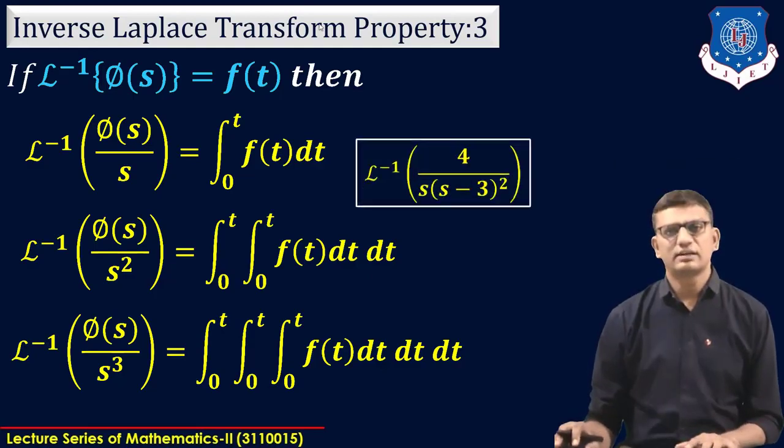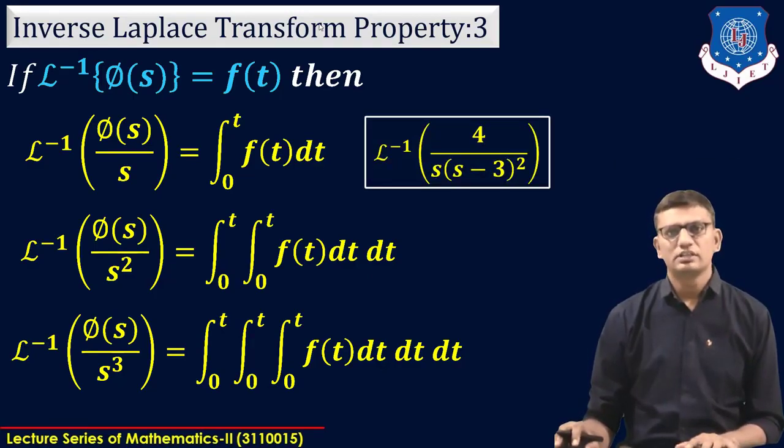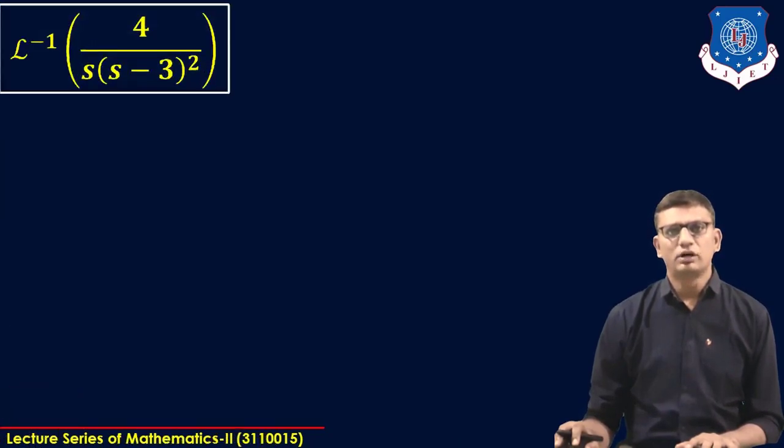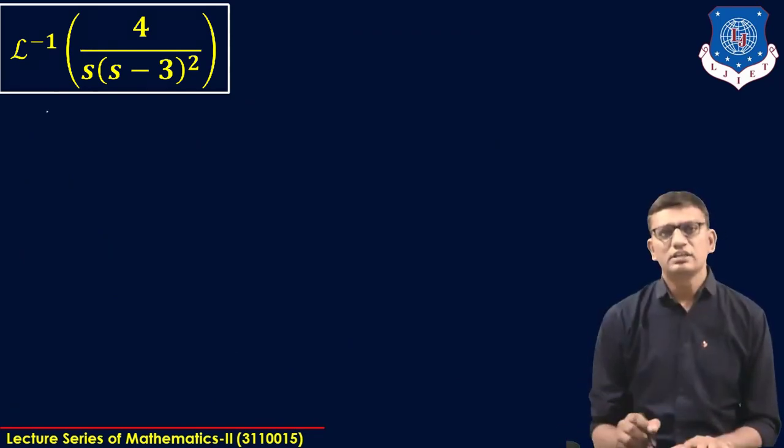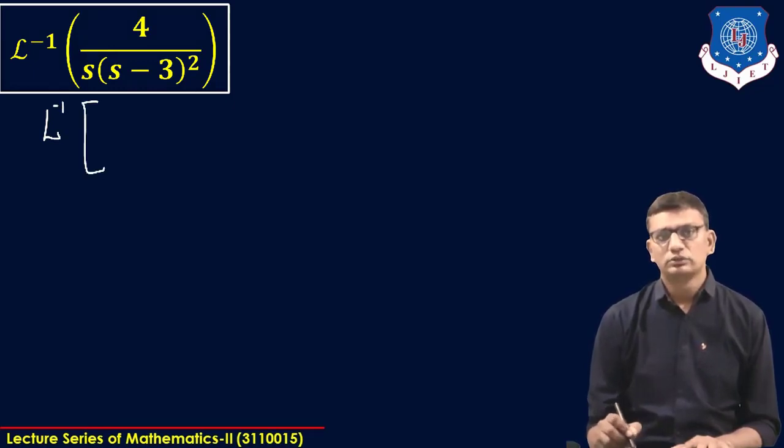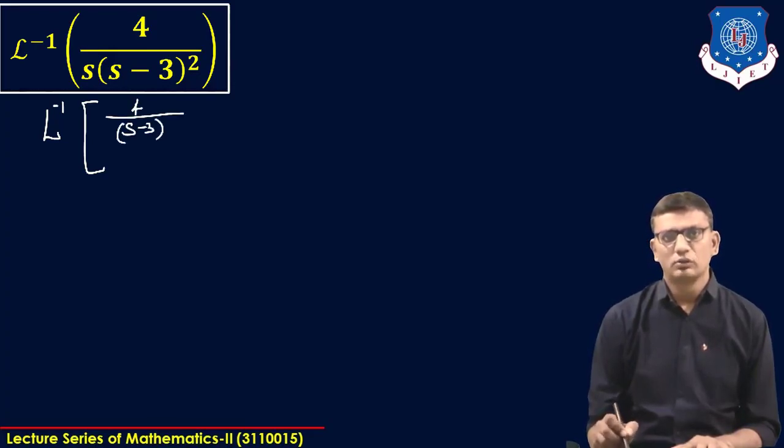Now we will see an example related to this property. Here our example is L inverse of 4 upon s into (s minus 3) whole square. That can be rewritten as L inverse of 4 upon (s minus 3) whole square, divided by s.